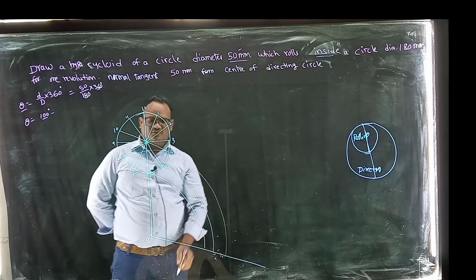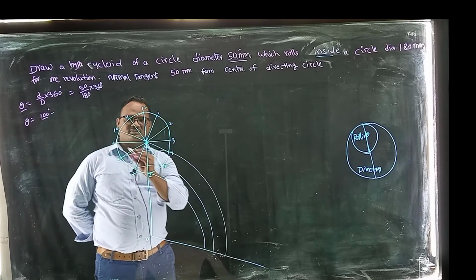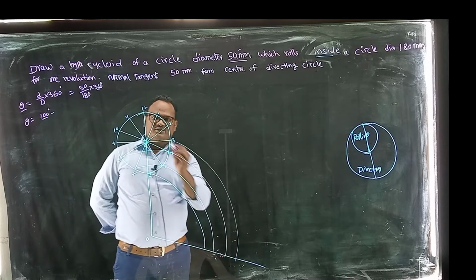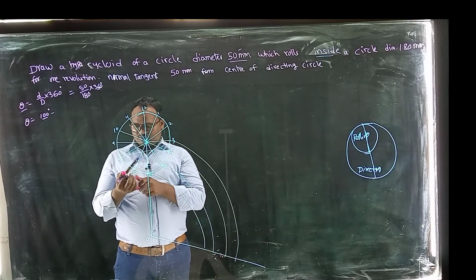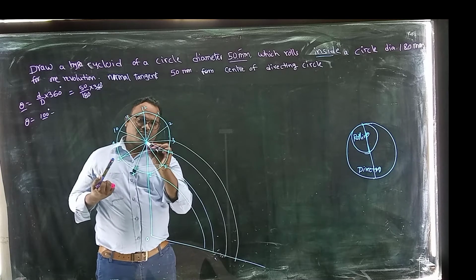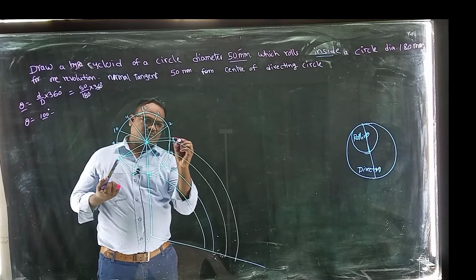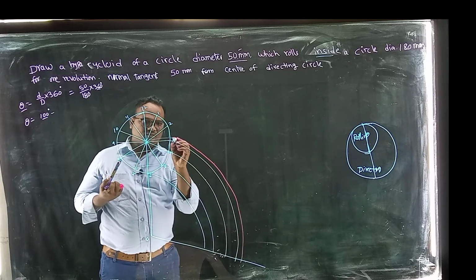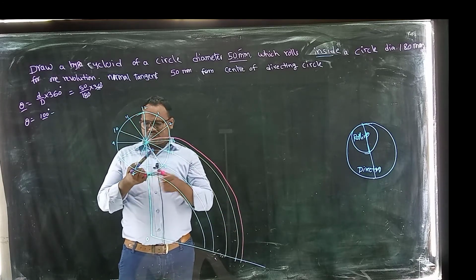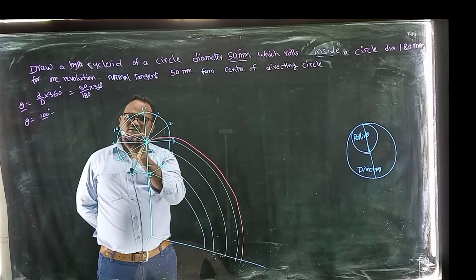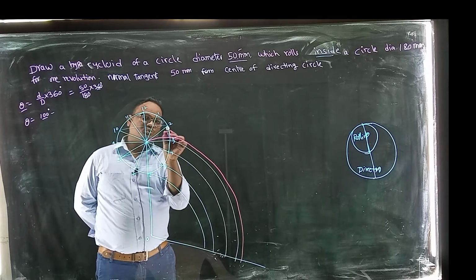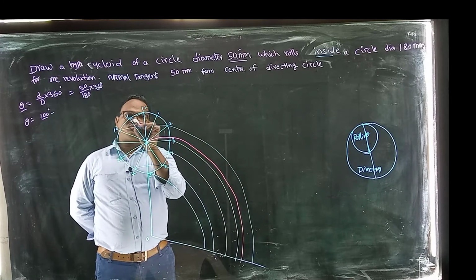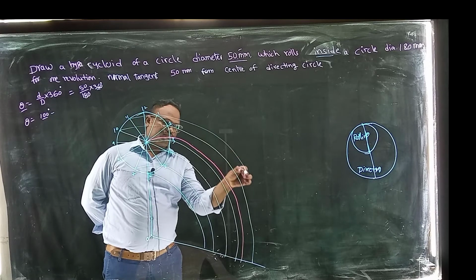Draw an arc from this point O as the center. So 9 and 3 will also get in the same line. Draw one more arc, so 10 and 2. Next, 1 and 11.